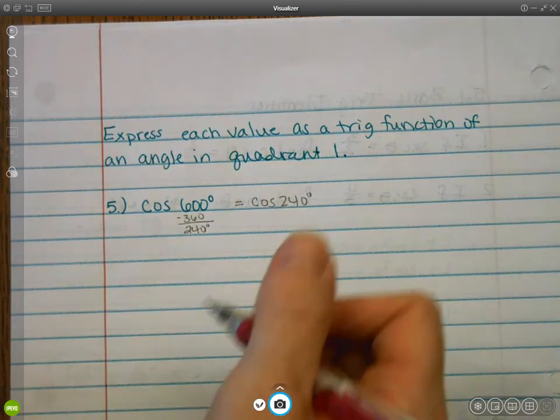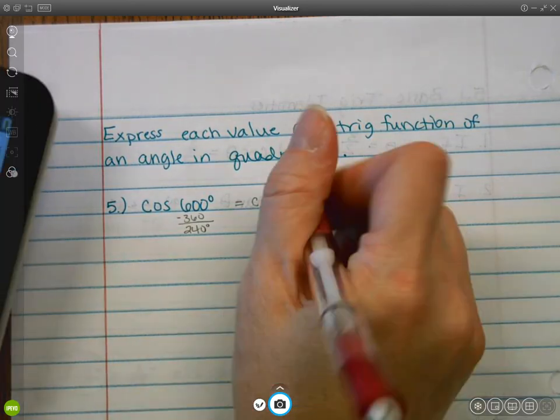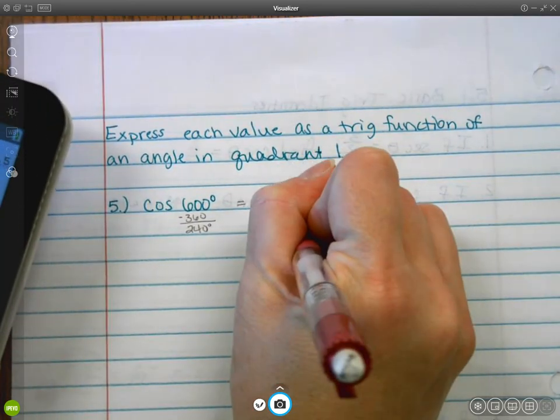Cosine at 240 is what? Okay, at this point, if you don't know your unit circle, then we are cutting our losses. If you just type in cosine of 240 in your calculator, you get -1/2.